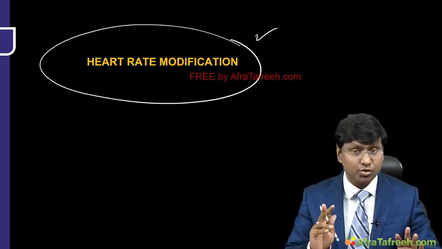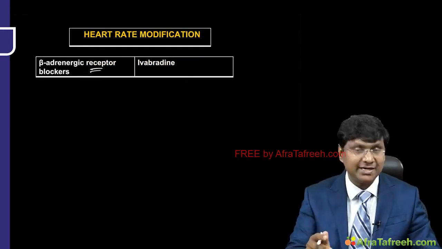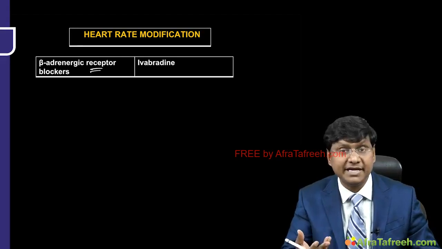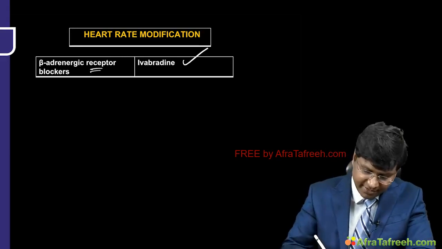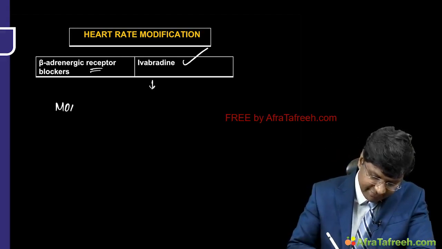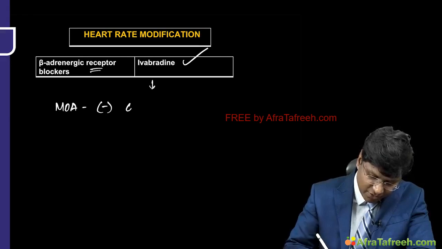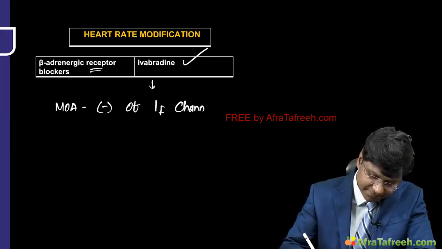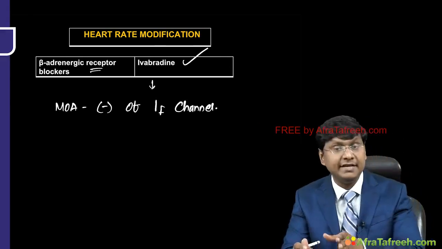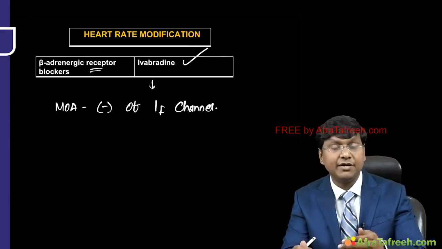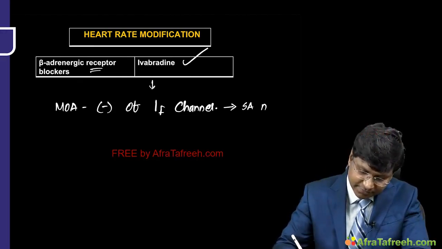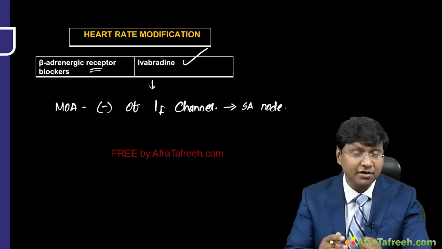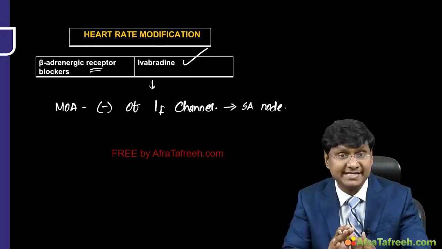Now, what are the groups of drugs which help in heart rate modification? We have two drugs. One is the beta adrenergic receptor blockers, particularly beta-1 blockers, and the other one is ivabradine. If you take the mechanism of action, ivabradine is an inhibitor of the funny current channel, the If channel, within the SA node.